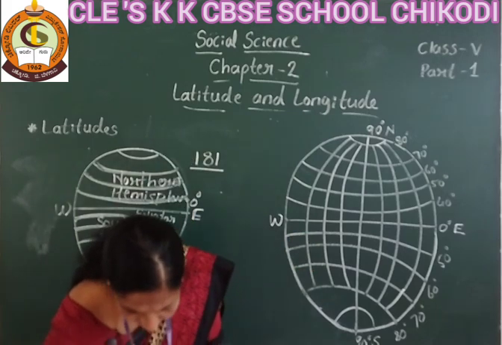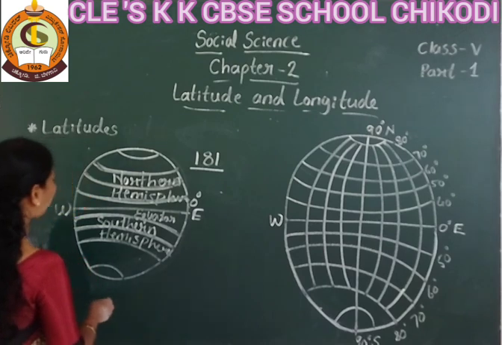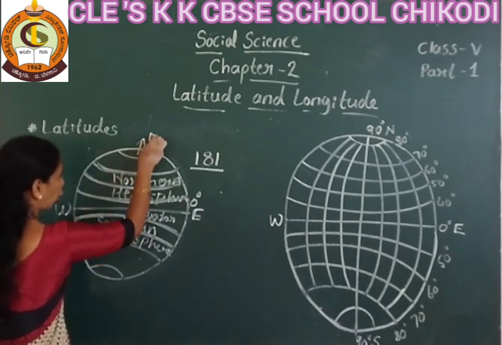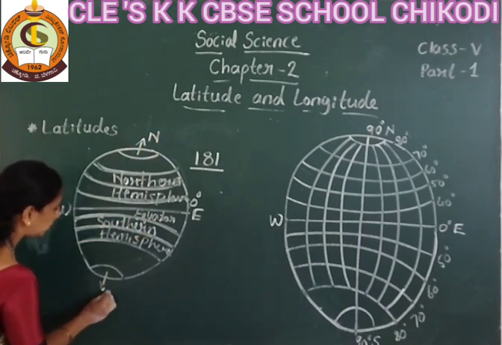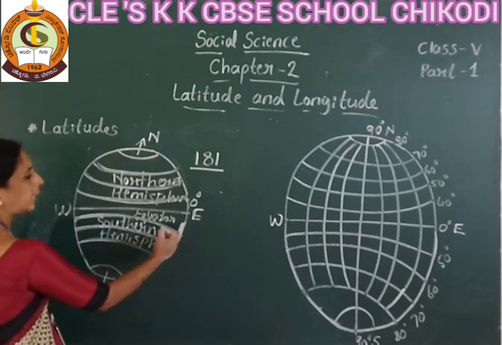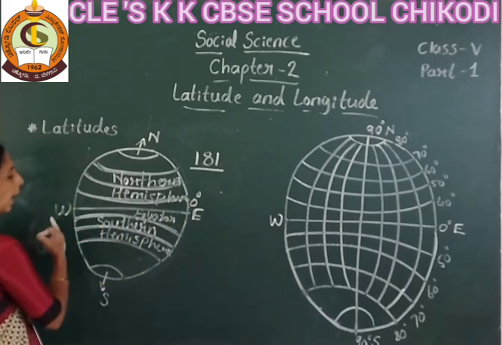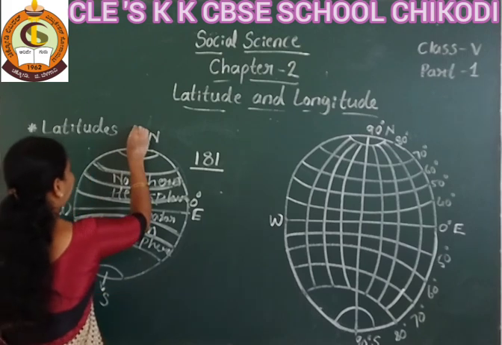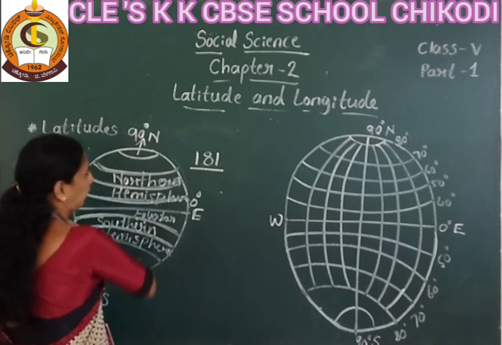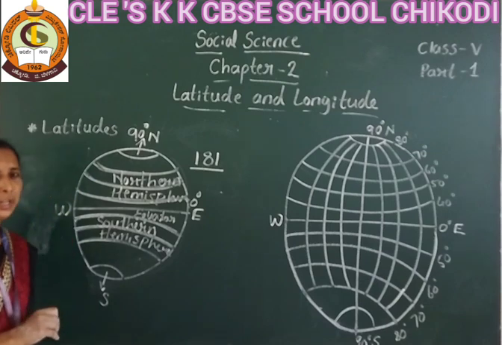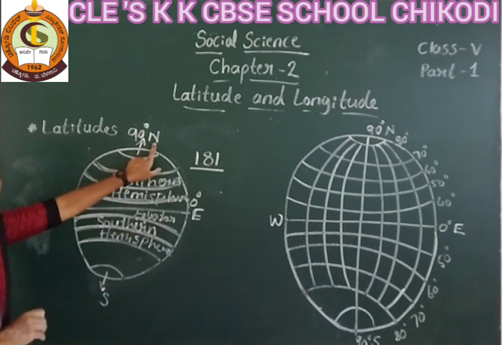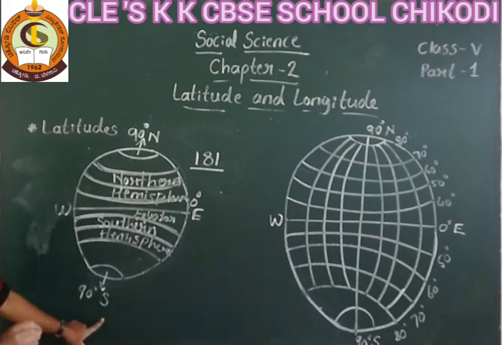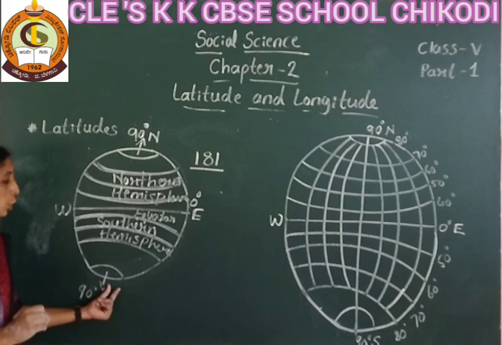And also see here the poles mentioned. This pole is north and this pole is south, and this one is east and this is west. We have written here 90 degree N, means 90 degree north pole, and 90 degree south pole.